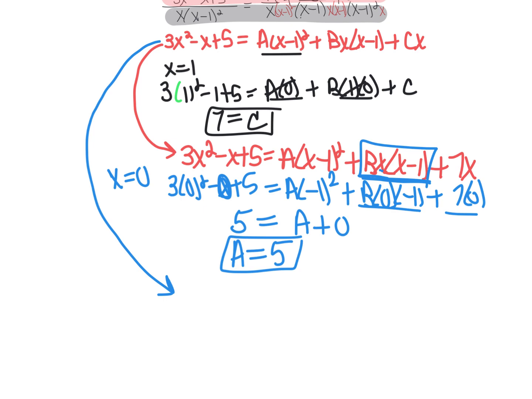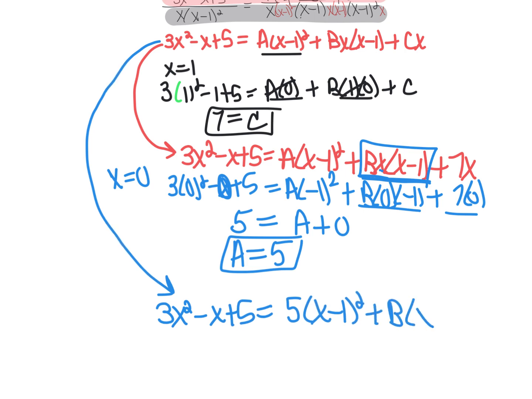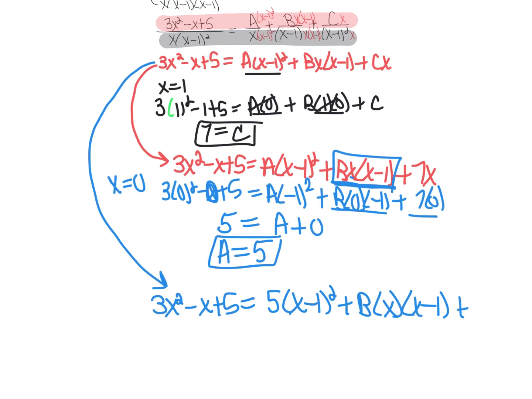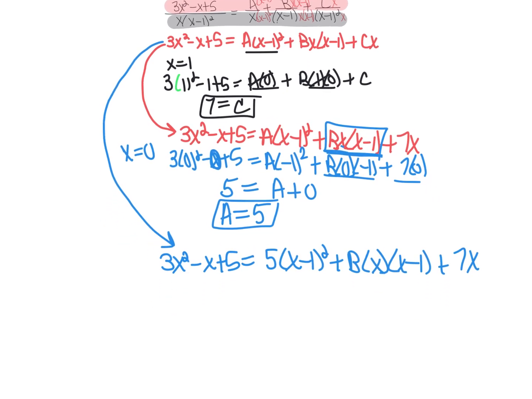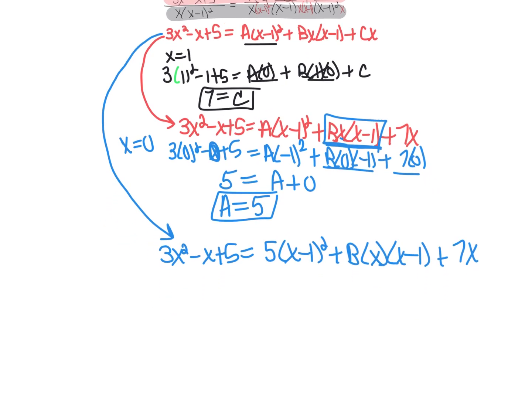So we have 3x squared minus x plus 5 equals, instead of a, 5 times (x minus 1) squared plus b times (x minus 1) plus c times x, which is 7x. All we have left now is to find b, so let's think what value we want to use. I'm going to use x equals 2.